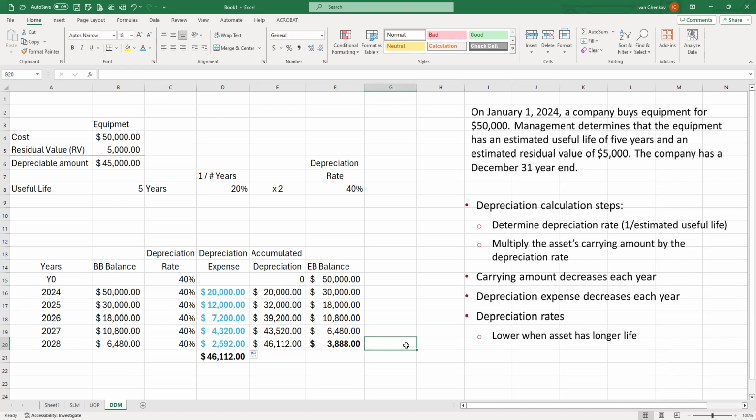That ending balance should be equal to the residual value. So, is this number equal to our residual value? No, it's not. So now we're in trouble.